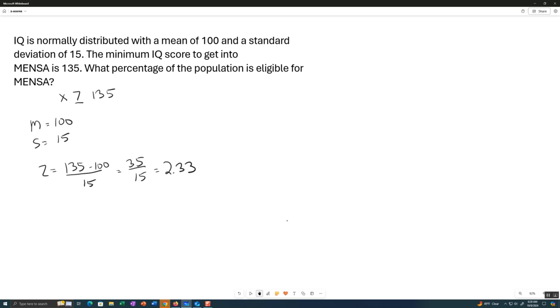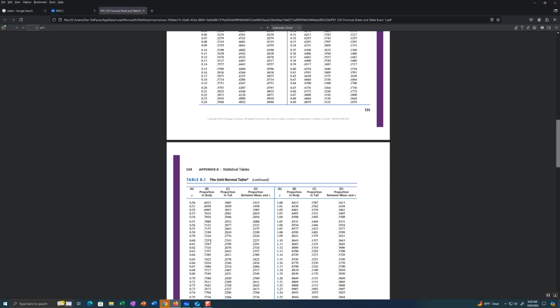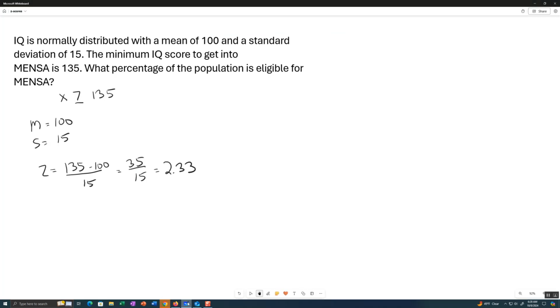2.33. So let me get the table out. We want to find 2.33. Now, let's draw the picture first. Let's not forget about the diagram. That helps us see it better.